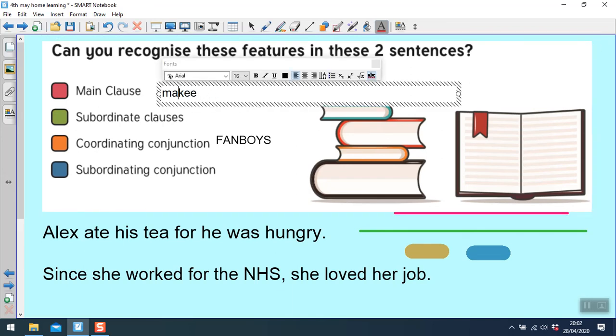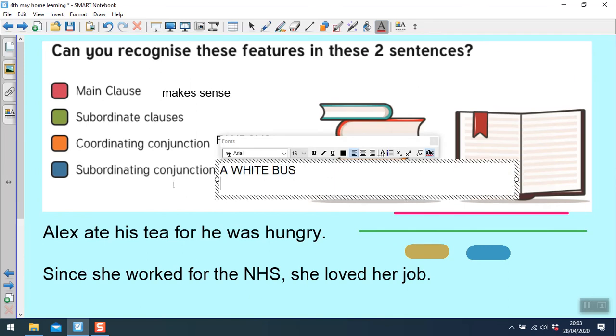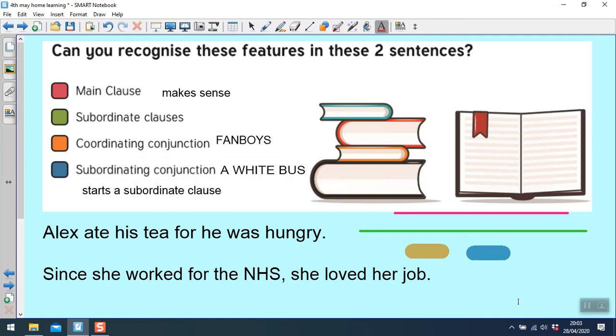So a main clause makes sense by itself. A subordinating conjunction is A WHITE BUS and it starts a subordinate clause. Pause the video while you have a go at this.